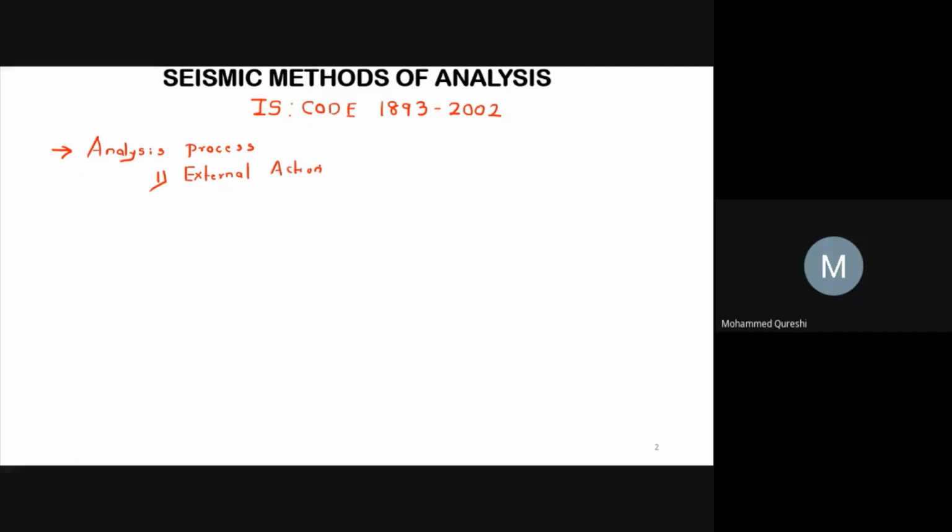Then, the behavior of the structure. Second is the structural behavior. The behavior of the structure or structural materials can be further classified into nonlinear static analysis or nonlinear dynamic analysis, meaning your structure should be elastic or elastic plastic.